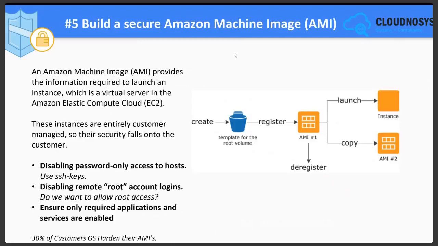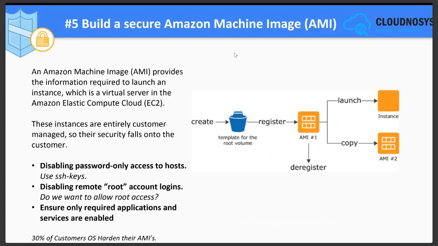Build a secure AMI. So this is about creating your instance OS in a very tight and controlled fashion, with hardened controls. You can even license CIS hardened images that are available on the AWS marketplace, or you can create your own with those rules on it.